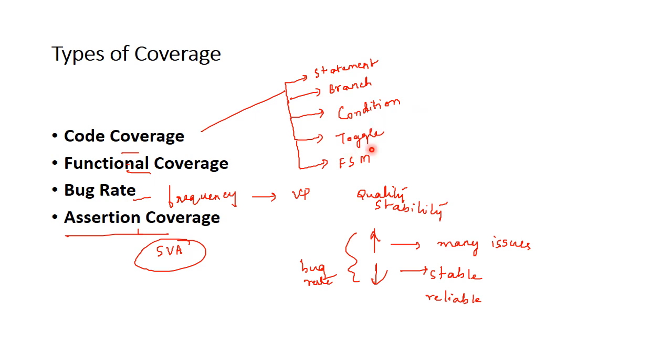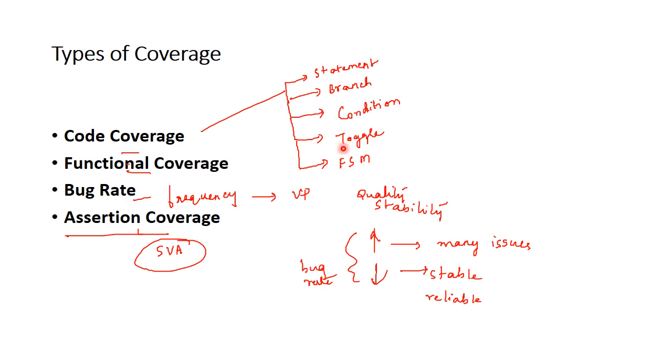Next is toggle coverage, which verifies that each bit of a signal has toggled between logical 0 and logical 1. FSM, as all of you know, stands for finite state machine. FSM coverage ensures that all states as well as transitions in a finite state machine have been exercised or covered or not.